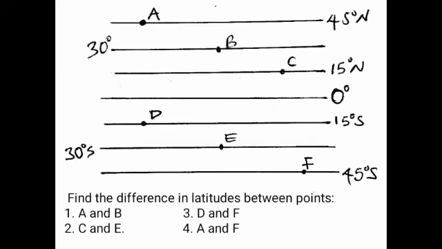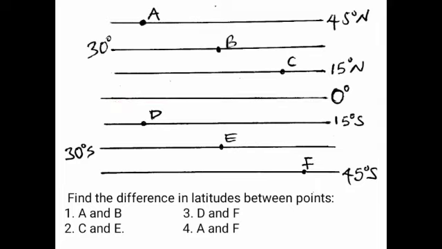Let's look at this diagram here. What I've drawn here is lines of latitudes. You can see this line here is 0 degrees, meaning that is our equator. I know these are latitudes because I can see that they are running from the west to the east, and they are heading towards north and south.